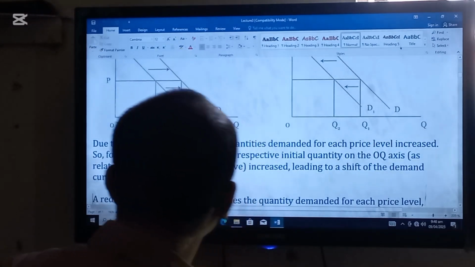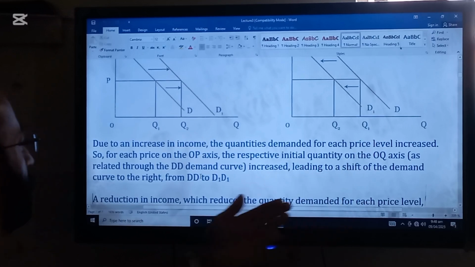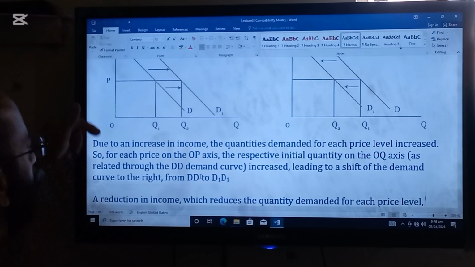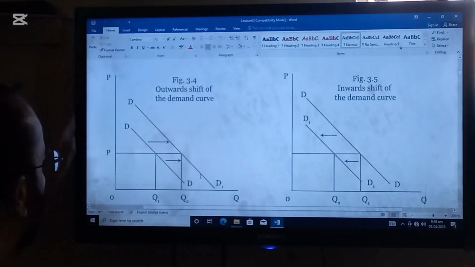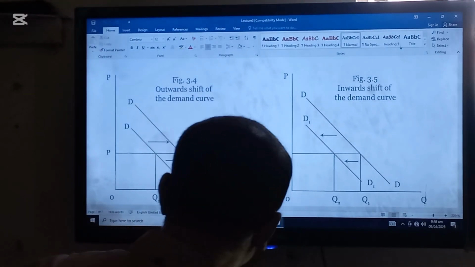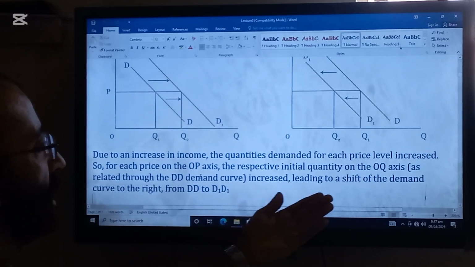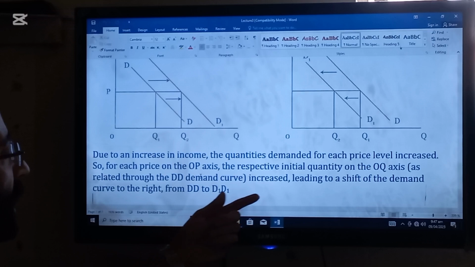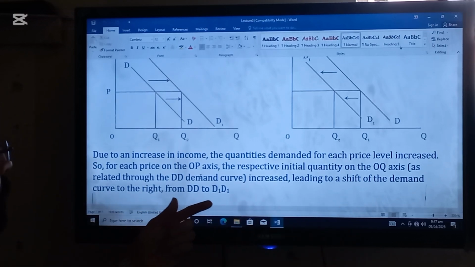Due to an increase in income, the quantity demanded for each price level increases. So for each price on the OP axis, and this is the OQ axis, this is price, this is quantity, the respective initial quantity on the OQ axis as related through the DD demand curve increases, leading to a shift of the demand curve to the right from DD to DD1.